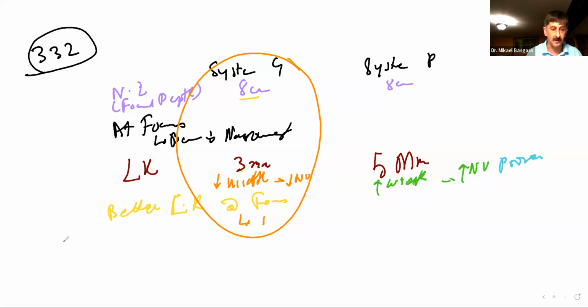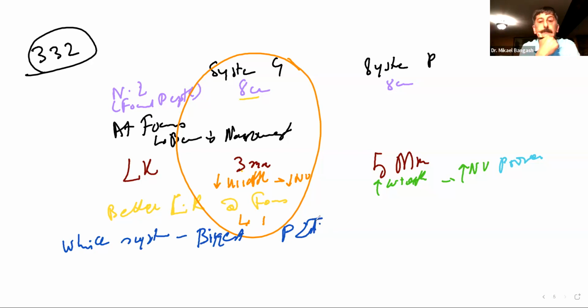But then they may have asked which of these two systems would have had the biggest PZT, the biggest piezoelectric crystal.